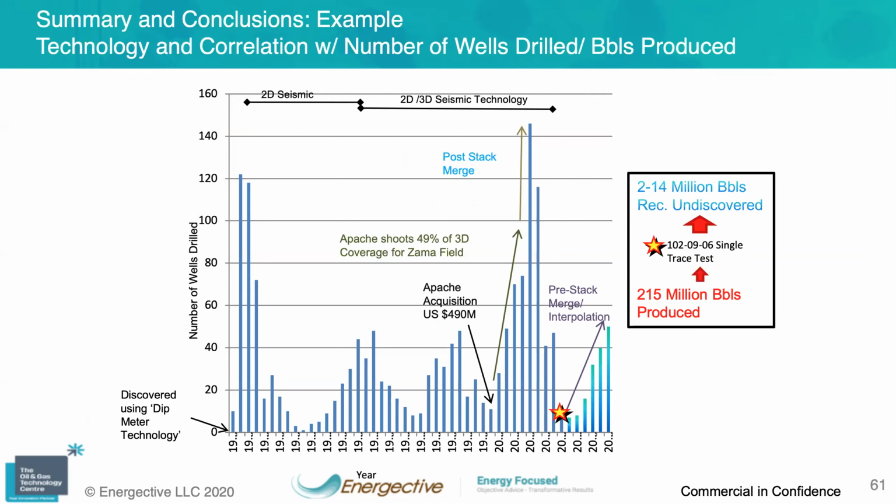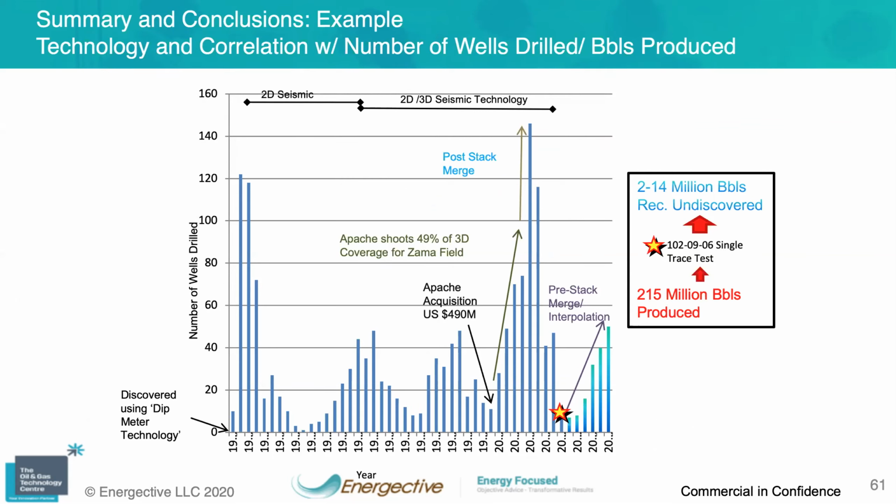Okay, so I put this together because historically, I think this is pretty interesting. This graph shows how seismic technology correlates with the number of wells drilled per year in this one particular very tired field since 1966. The most noted correlations occur post Apache acquisition in 2000.